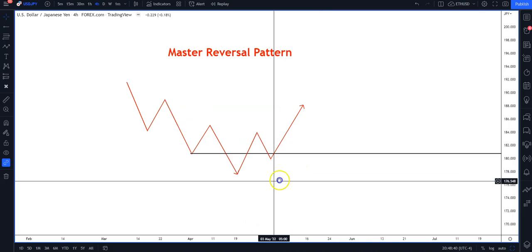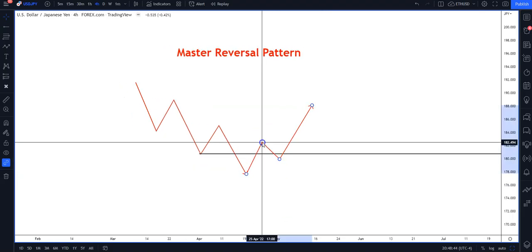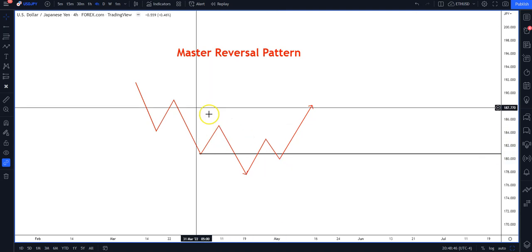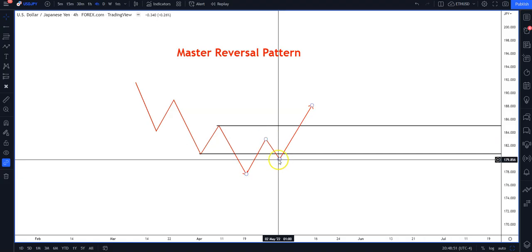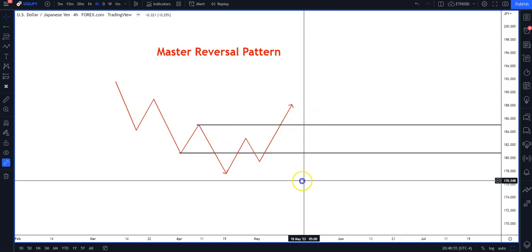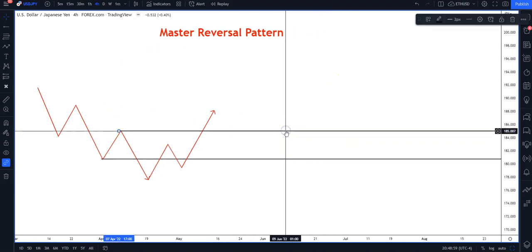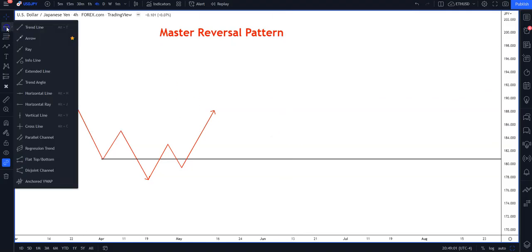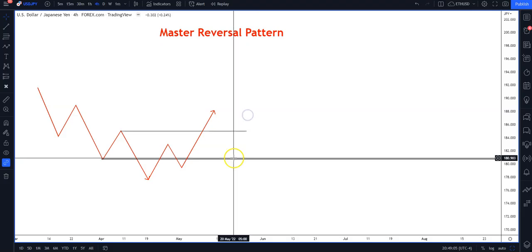Now, here's the thing. There's two setups that can happen. There's something like this, which is before the high is broken, right? And the low is created. There's something like this. And then the other thing, let's make it a shorter one.